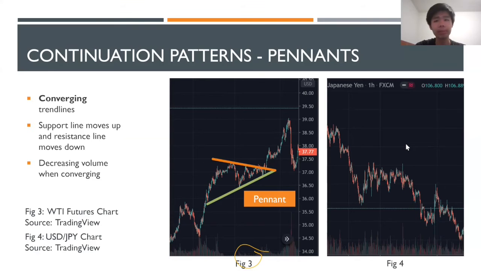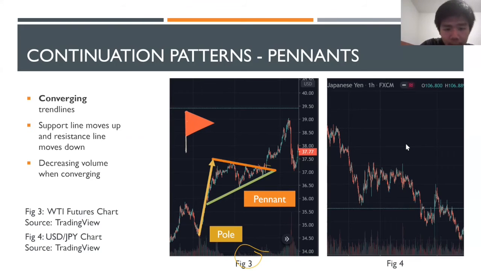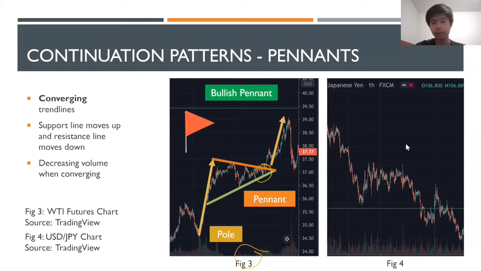The previous trend is going upwards and looks like a pole, so when we piece it together, it looks like a complete set of a pole and a pennant. The price here breaks just above the resistance line and continues to go all the way up. Since the overall price trend is going upwards, we call this a bullish pennant.